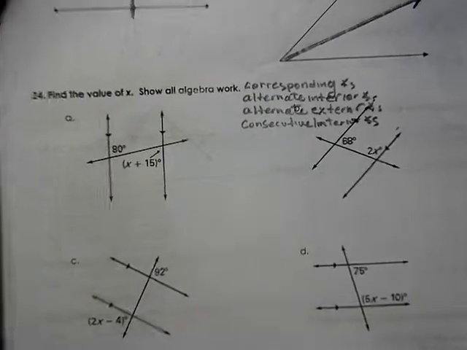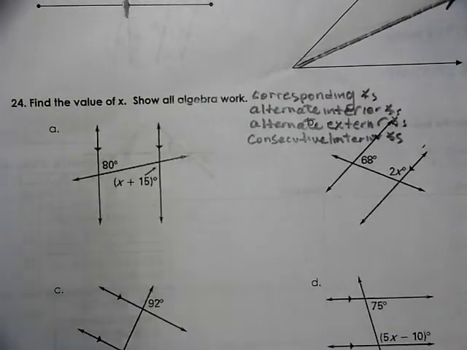Those are the different types of angles that we typically are looking for if two lines are parallel.